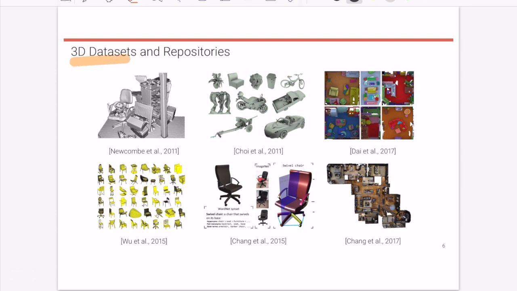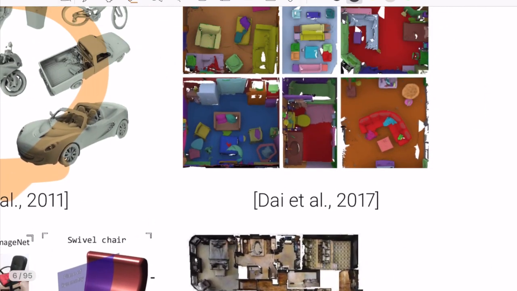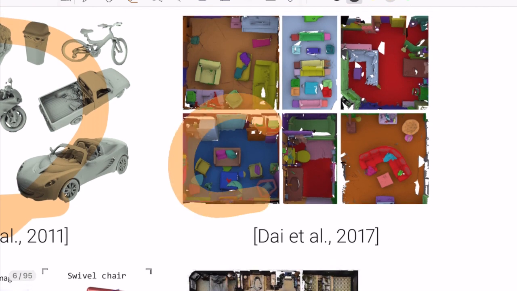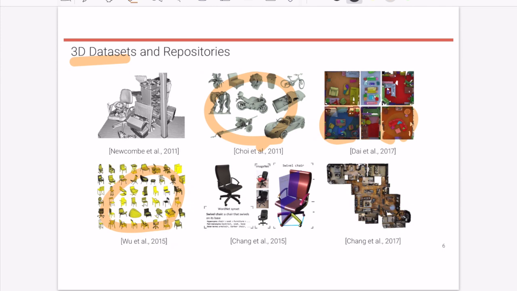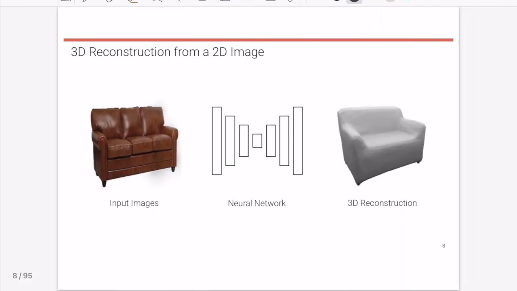Of course, there have been many kinds of 3D data, consisting of, let's say, very simple objects, or some kinds of specific classes like a chair, or some kinds of room-scale images or 3D spaces. And the next question is, what is a good output representation? What is a good 3D representation?